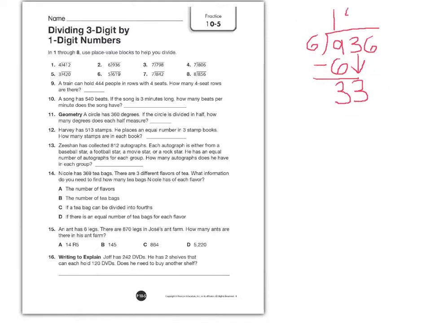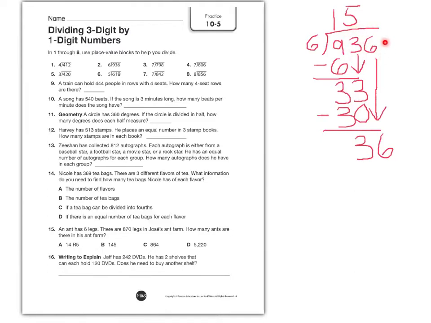Then we ask ourselves, how many 6s are in 33? The answer is going to be 5. 5 times 6 is 30. If we added one more 6 and it was 6 times 6, that would be 36 and too many. So 33 minus 30 is 3. Then you're going to bring that 6 down, just like you did to the 3 earlier.